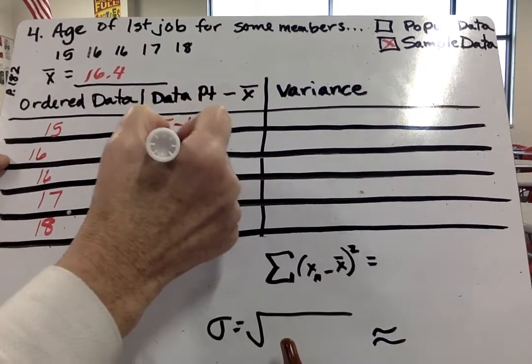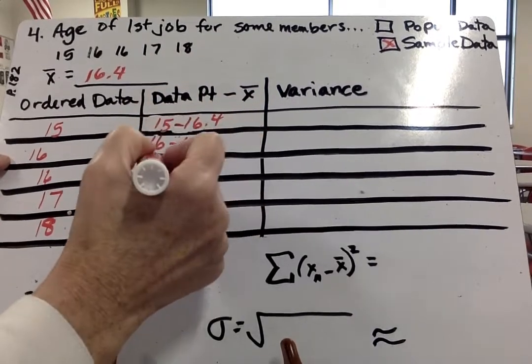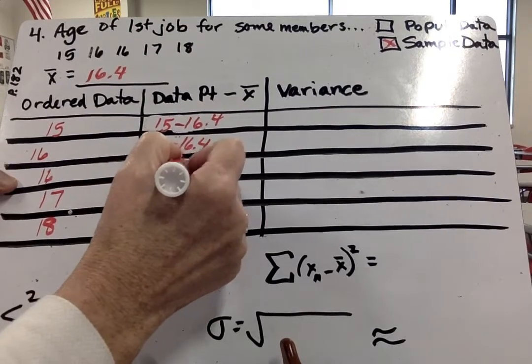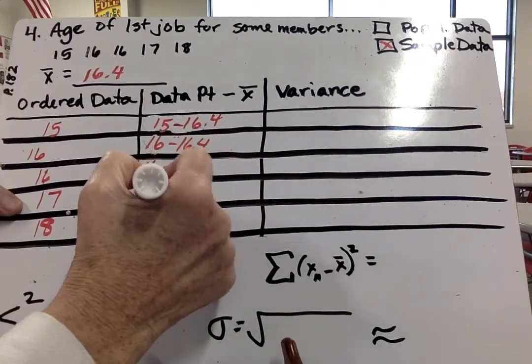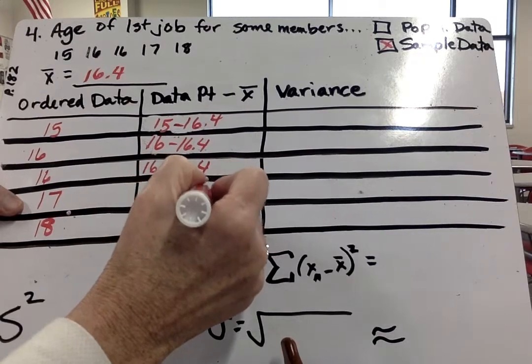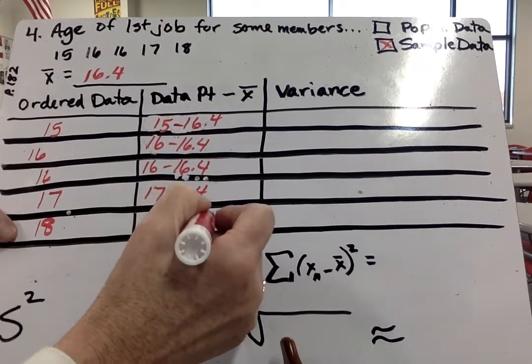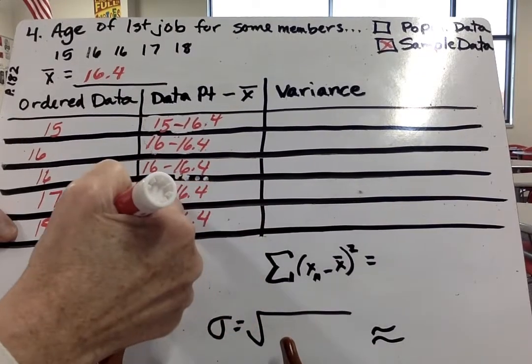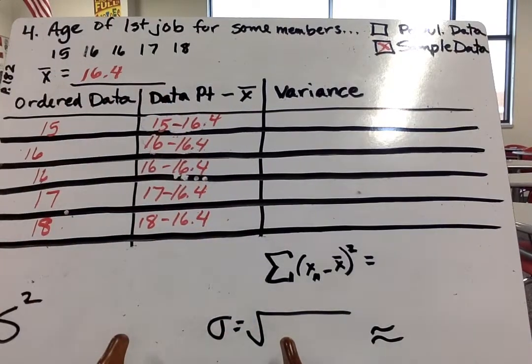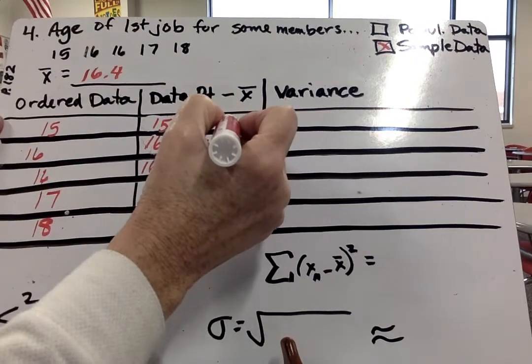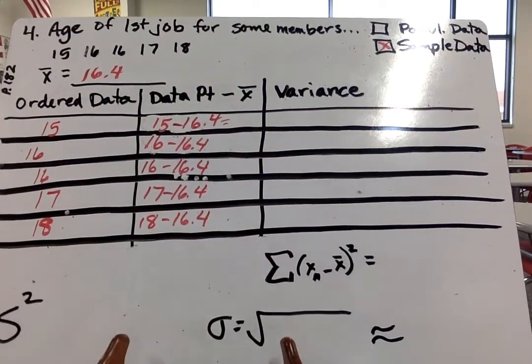And this is 16 minus 16.4, 16 minus 16.4, 17 minus 16.4, and 18 minus 16.4. I still put the answers right in this middle column.